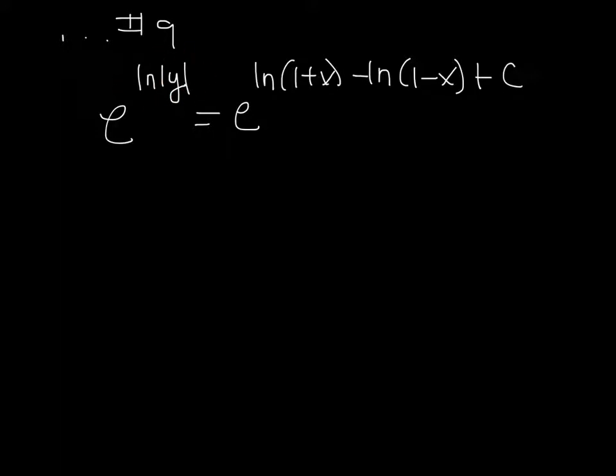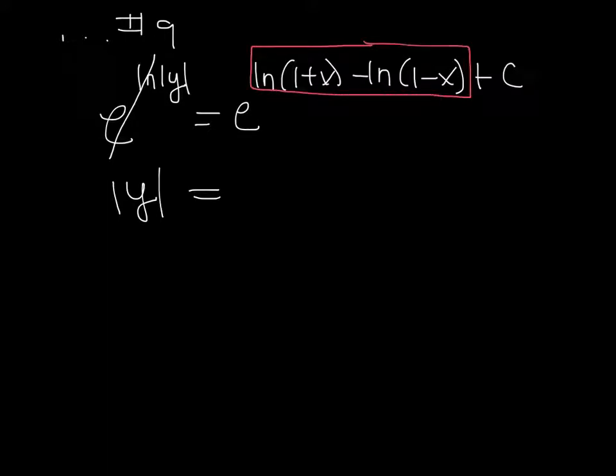Well, this is very nice because, again, e raised to the ln is the identity. So I know that this is just the absolute value of y. And we can use the quotient rule for logarithms to rewrite this. ln is just a special type of log with base e.